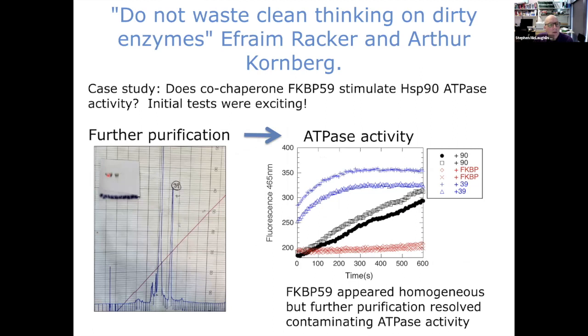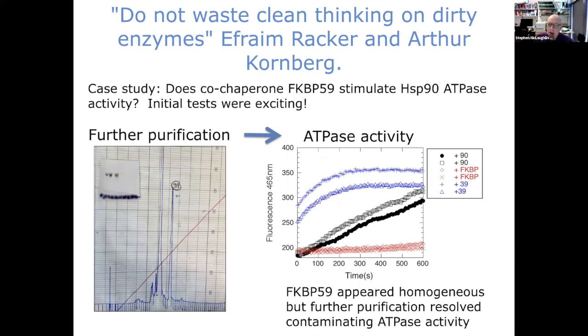So this was FKBP here, and this was a further purification, an ion exchange column with a salt gradient, and I found I got two peaks. The first peak here was the FKBP59, and then there was a second peak here in fraction 39, which is round about here, and you couldn't really see it, but when we put it into the assay, it was really quite revealing.